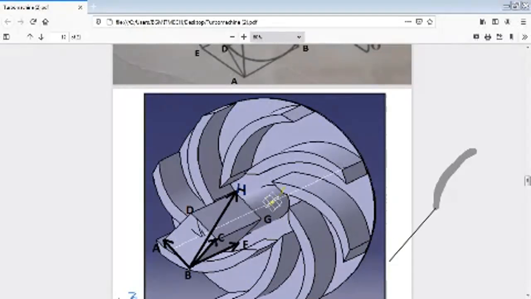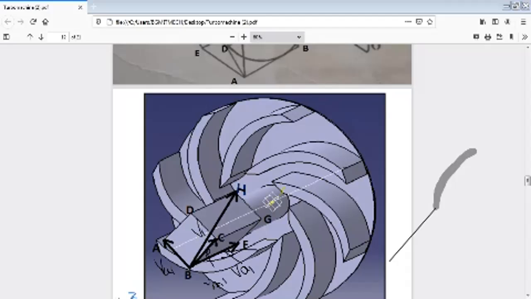Now this is the tangential flow. This is Vu1. Vu1 is the tangential flow component, and this one is the radial flow component, Vm1, and this is VA1. For this case, this is the axis of this rotor.